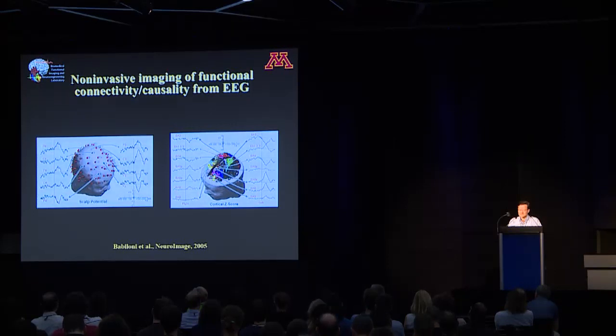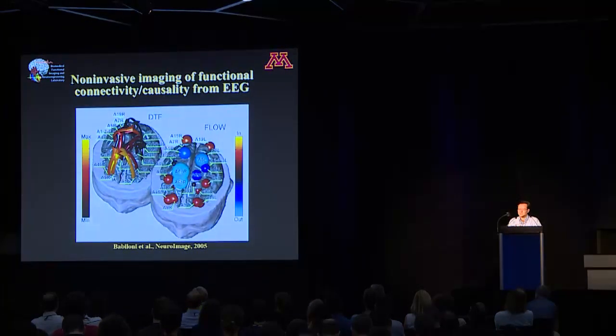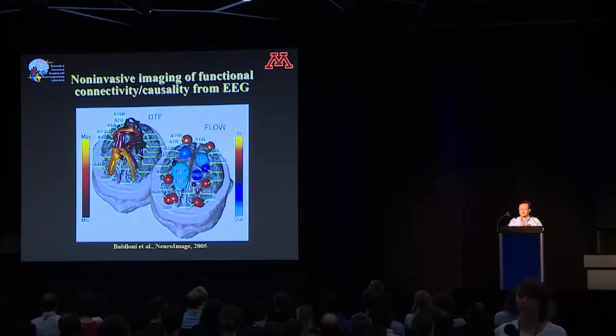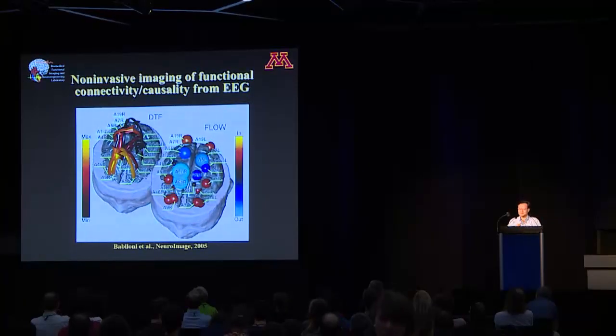Once you get that information, Granger causality analysis can be performed. On the left you can see the DTF values, or the information flow obtained from this source-transformed information. On the right side of this panel is the outflow or inflow, showing regional information processing, derived entirely from non-invasive information.